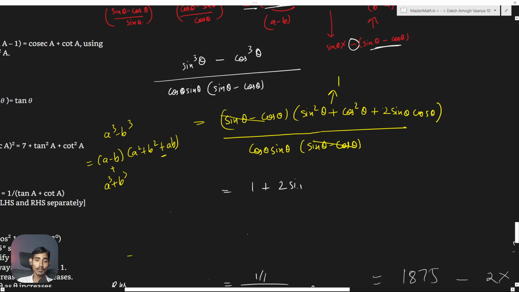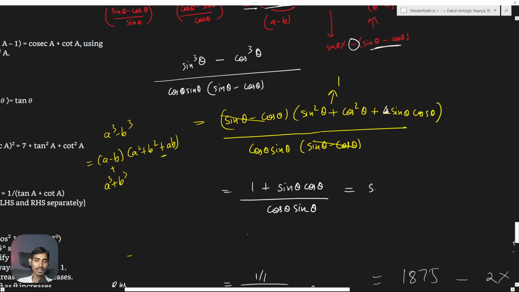This is ab, only ab. There is no 2. This is not a square identity. It is a cubic identity. You guys don't stop me also. Divided by cos theta sine theta. This is what we want.